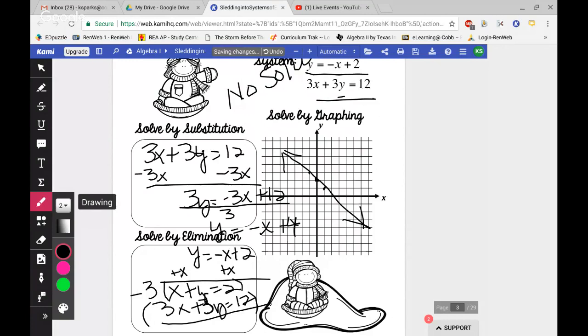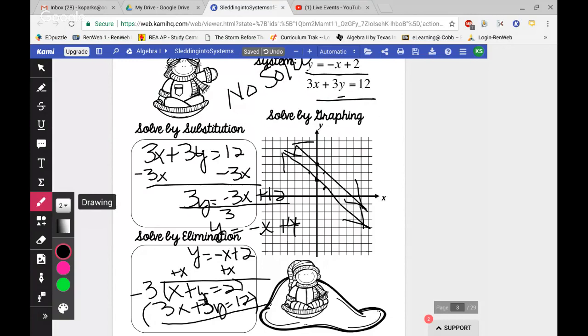So 1, 2, 3, 4. And once again, the line would look like that, and they're parallel. Okay? Do you want me to move on, or you want to look at it a little bit more?